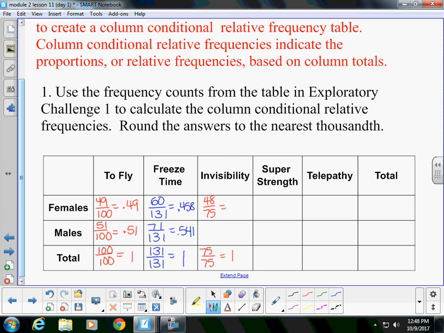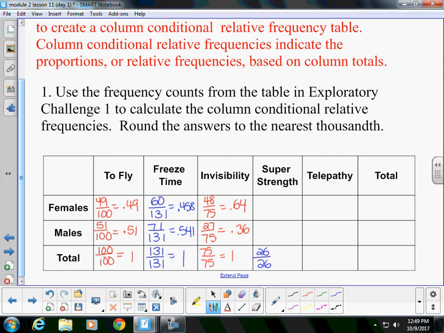And males who chose invisibility was 27. So this is 0.64, and 0.36.